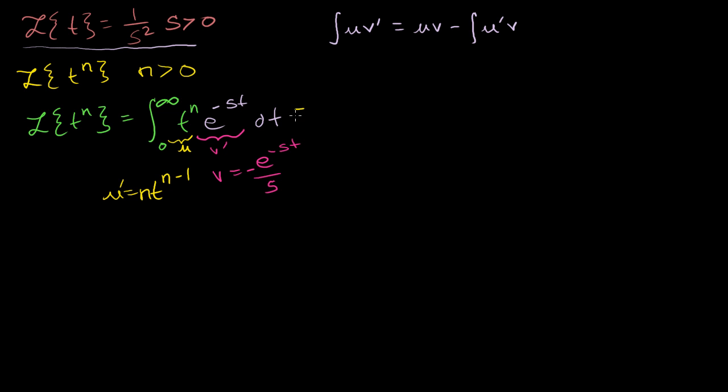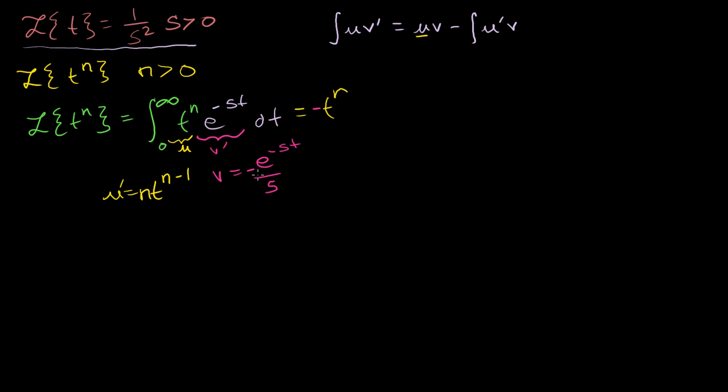So let's apply the integration by parts. So this is going to be equal to uv. U, I already said, is t to the n. That's our u. Times v, which is e to the minus st over minus s. So there's a minus sign there.